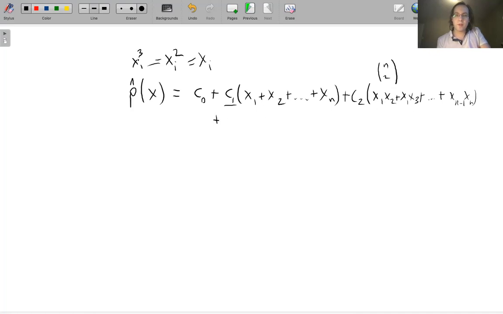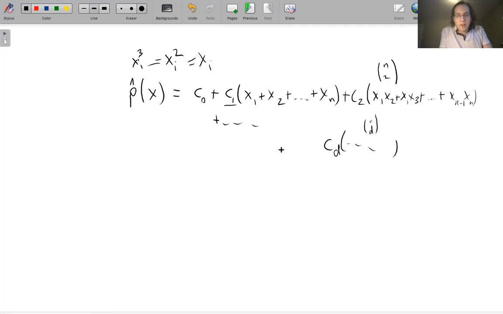Okay, and so on, up to cd, where d is the degree of p hat, or the original degree of p. For cd, you're going to have n choose d terms that we're summing over, and n choose d monomials.